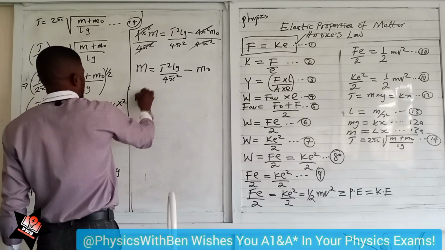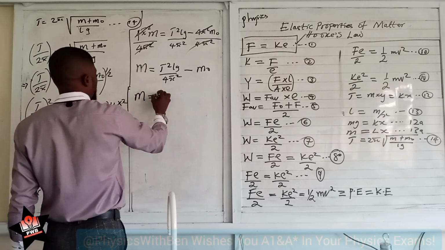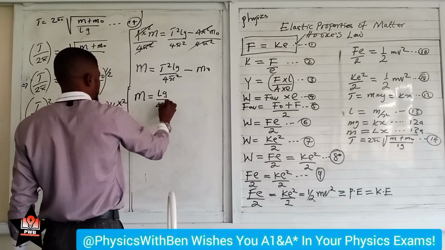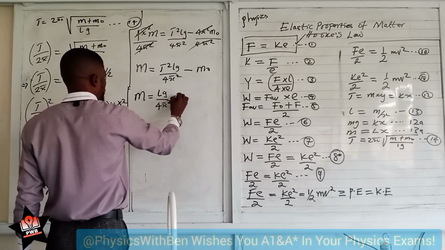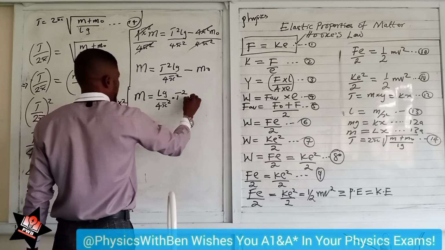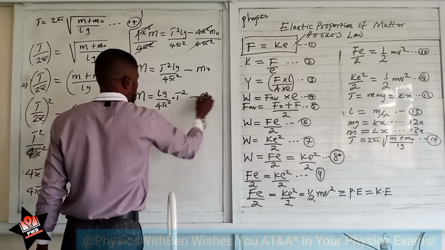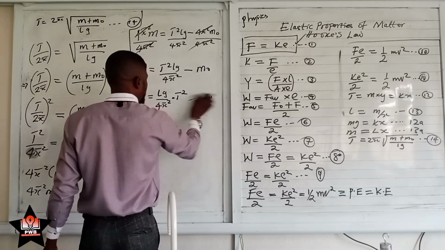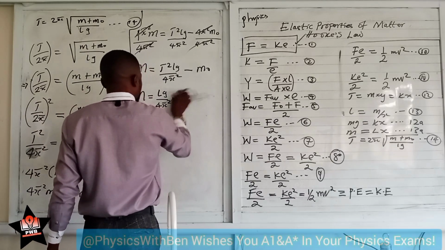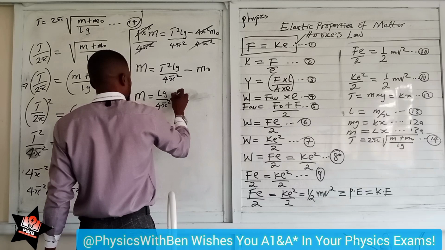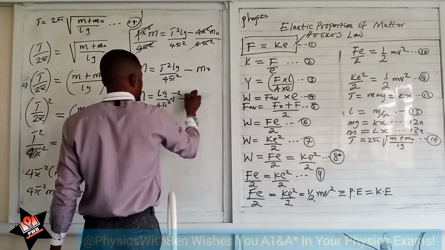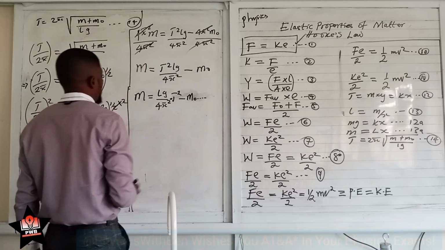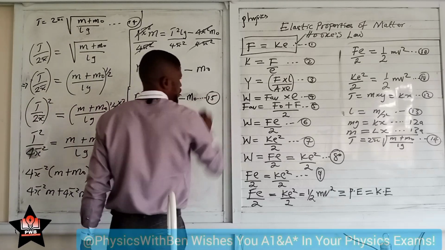We have our m is equal to lg over 4π squared dot T squared minus m naught. Let me rewrite this very well. We call this equation number 15.